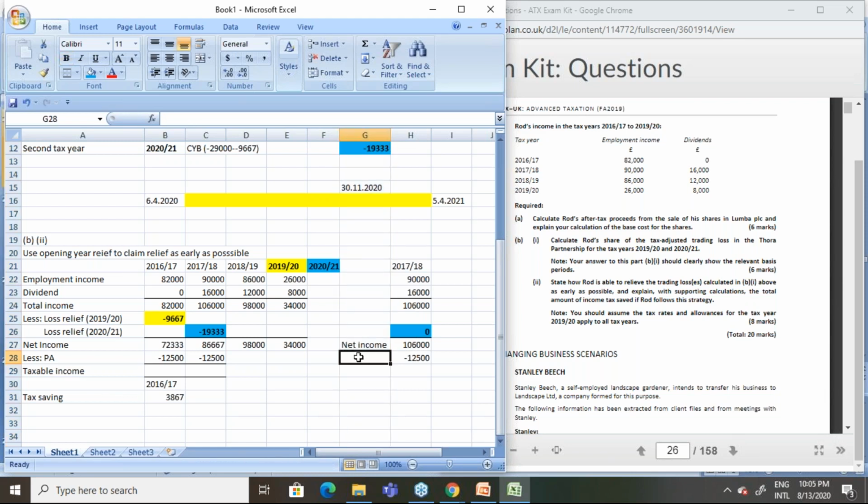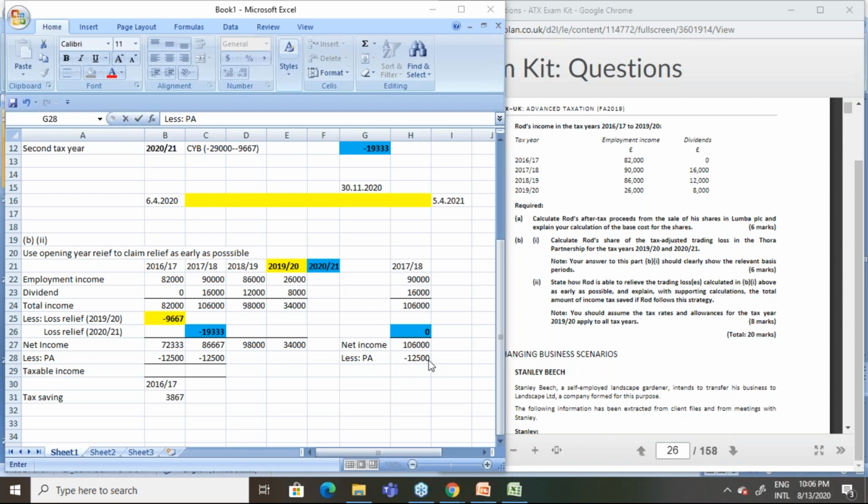Then how much should have been the personal allowance? Do you think you can claim the full personal allowance 12,500? If you had a net income of 106,000, do you think that you would have been able to claim the full personal allowance?